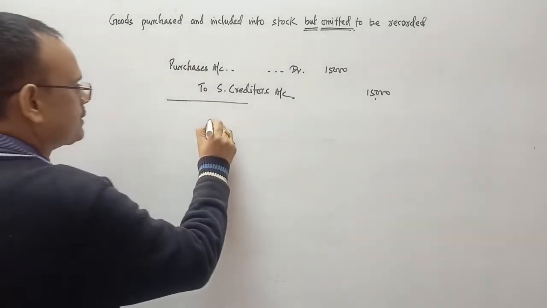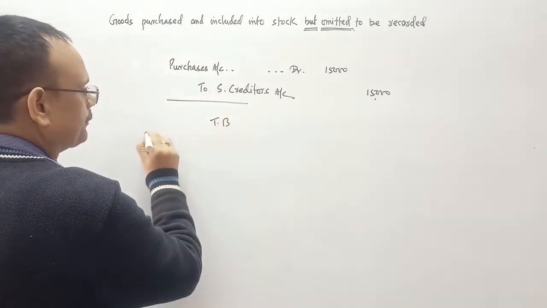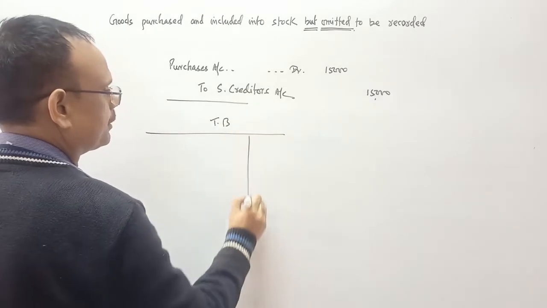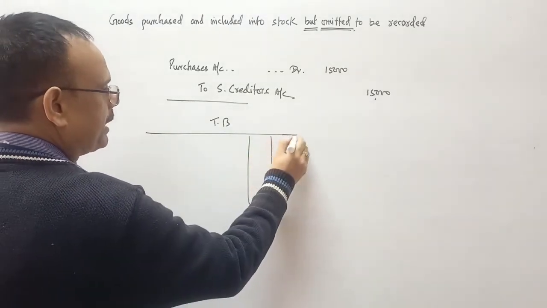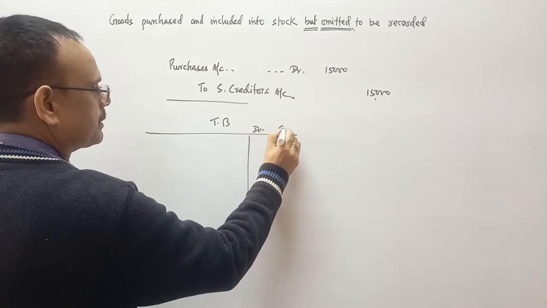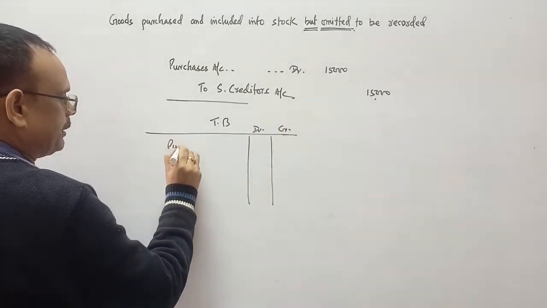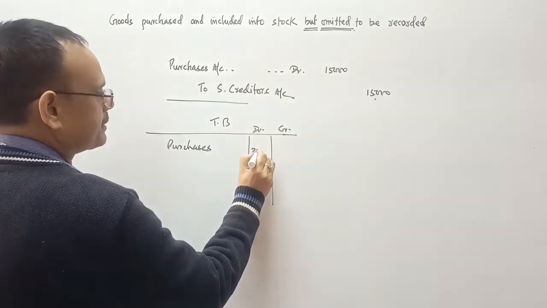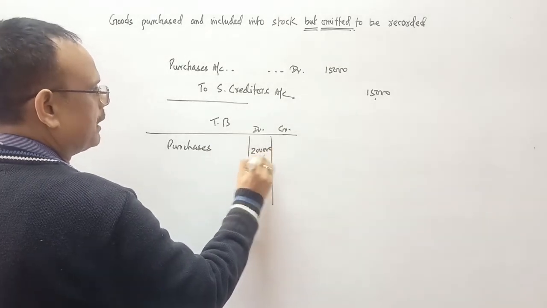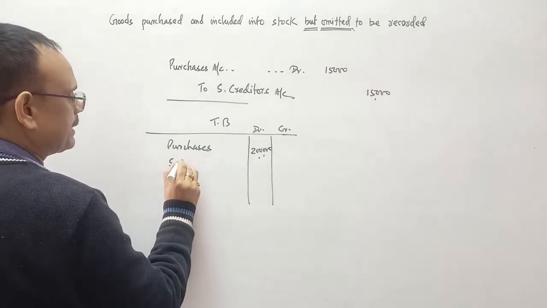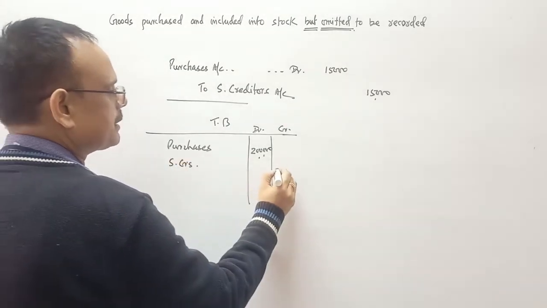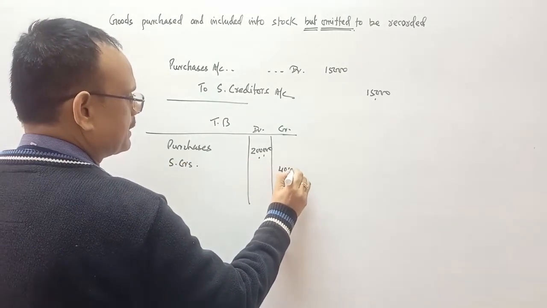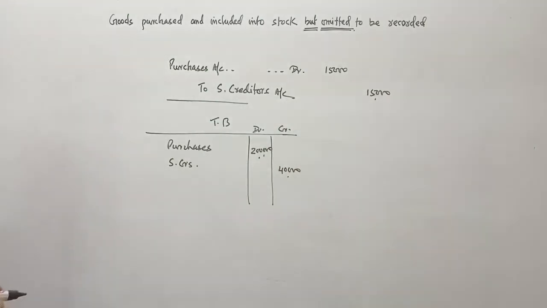In the trial balance, suppose the purchase given over here is 2 lakhs and sundry creditors is 40,000, which is given in the trial balance.